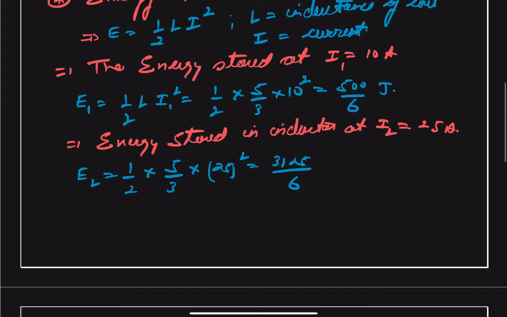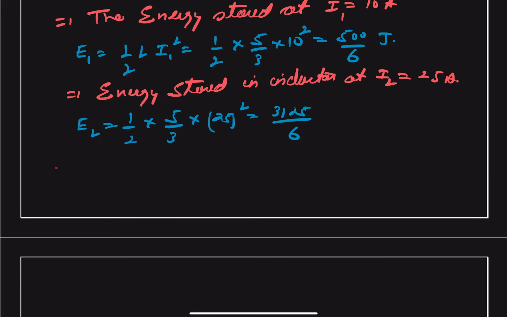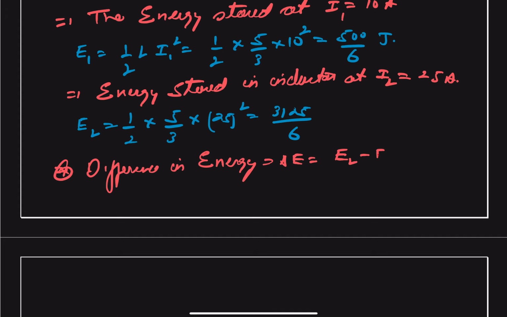We are supposed to find out the difference in energy. So we can say our difference in energy, that is our delta E, can be written as E2 minus E1.